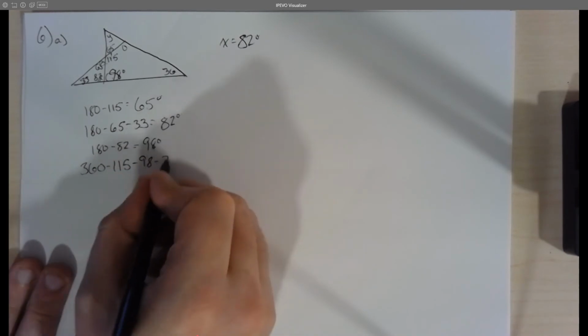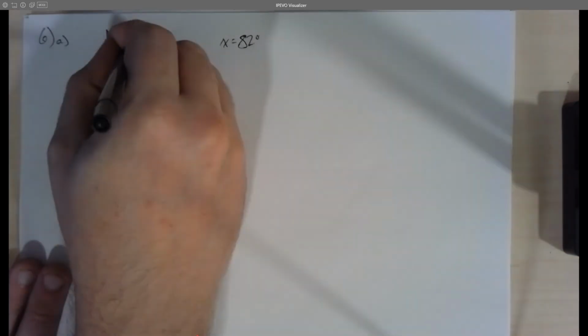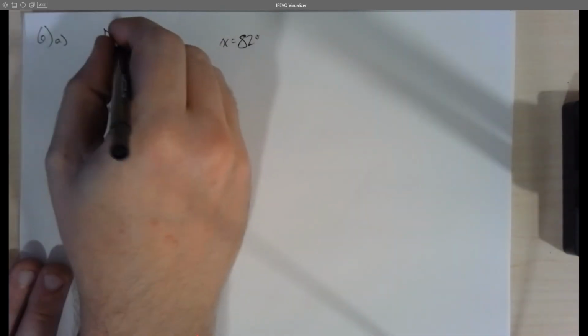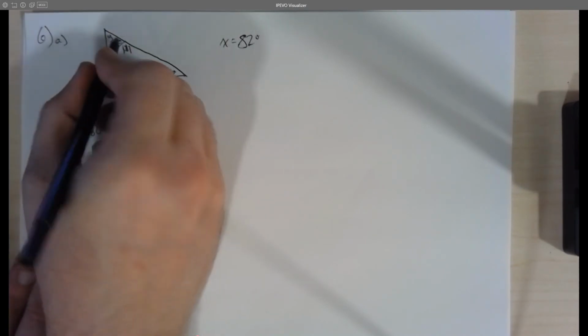If this is 36, this is 98, and this is 115, then this, we're going on a bit of a wild goose chase here, but 360 minus 115 minus 98 minus 36 is going to be 111.